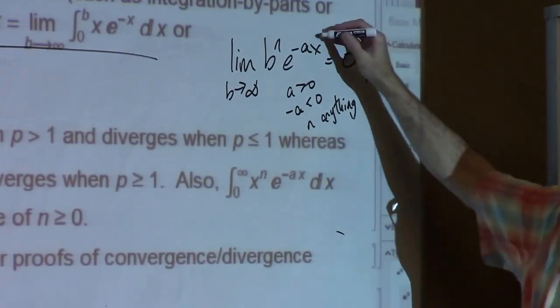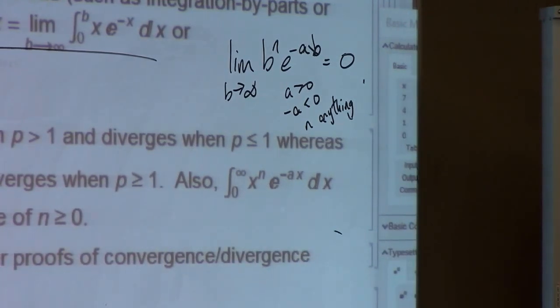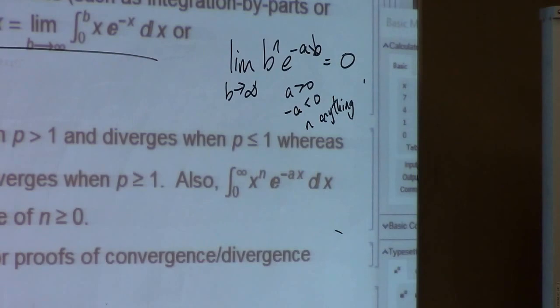This should be a b here, sorry. If a is negative there, the exponential decay sort of overwhelms the power function to such a degree that the product goes to 0 eventually as b goes to infinity. The graph may go up real high initially, but it's eventually going to come down because of that exponential decay in there. You can use that as a fact that you might need.